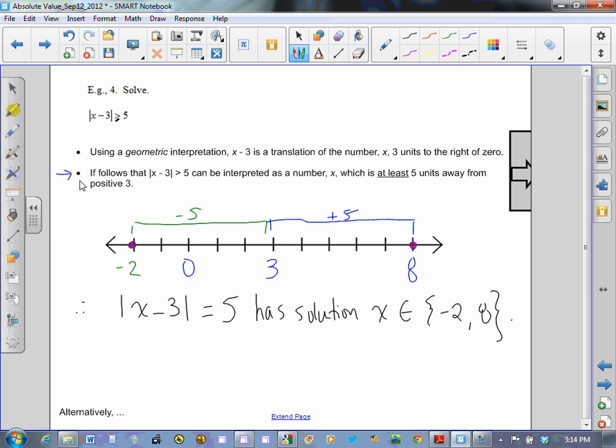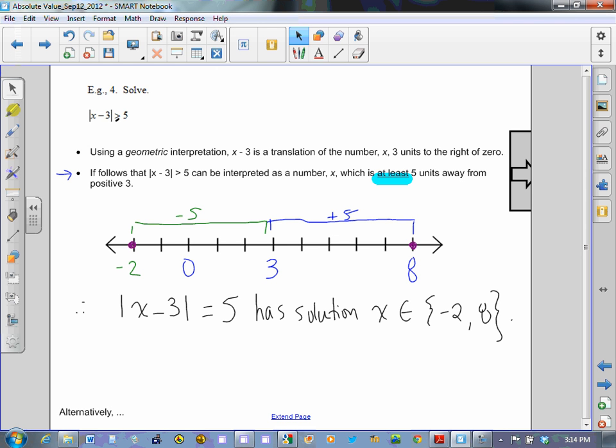So what we can do now is let's go back in and look at the language of the problem. Okay, notice how we have this expression here. It's at least 5 units away from positive 3.